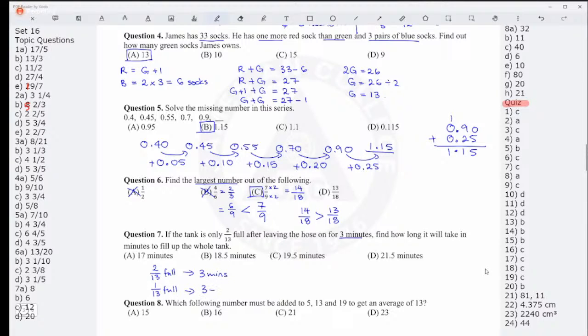So 3 divided by 2 gives you 1.5 minutes. So that means the full tank must be 1.5 minutes times that by 13 lots. And that should give you 19.5 minutes, which matches with answer C.